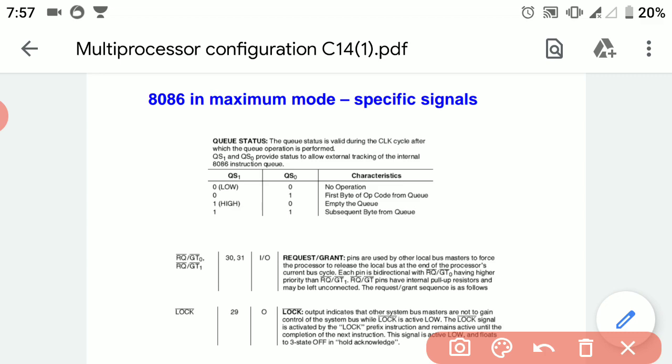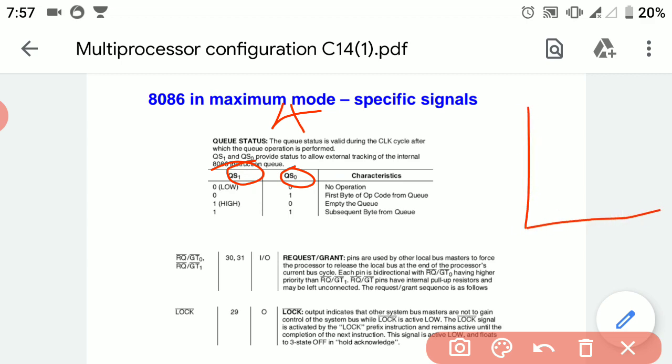Now for any queue operation in maximum mode, the status of QS0 and QS1 will justify how the queue operation will be performed.